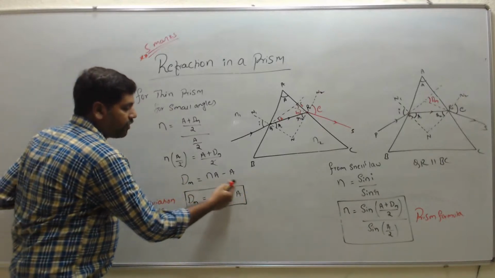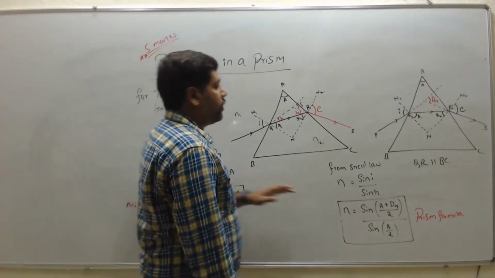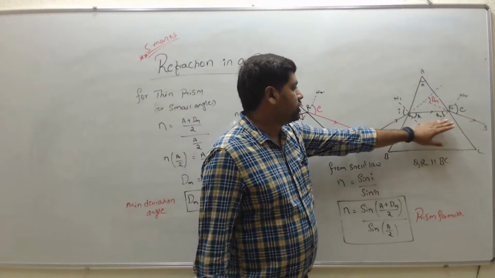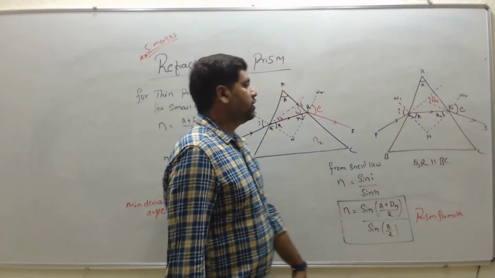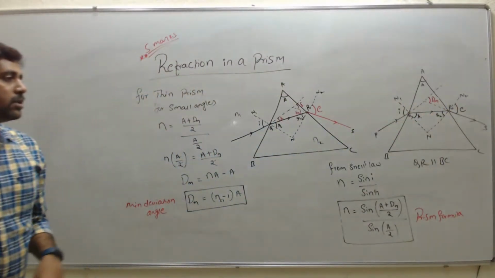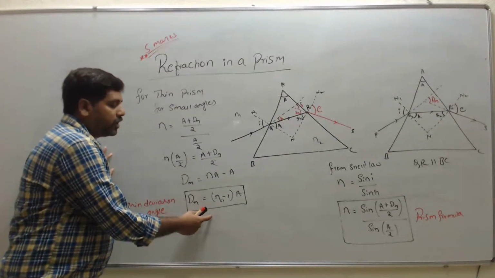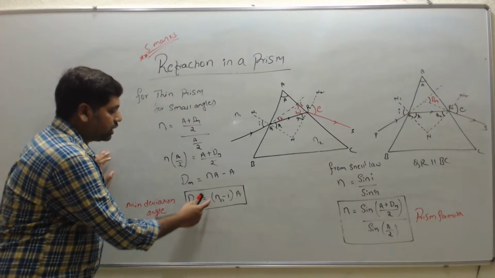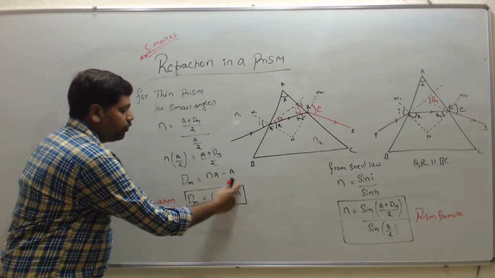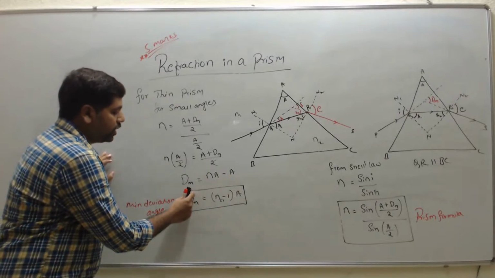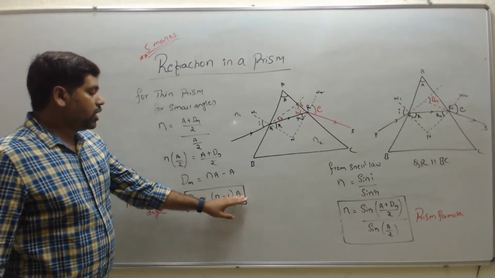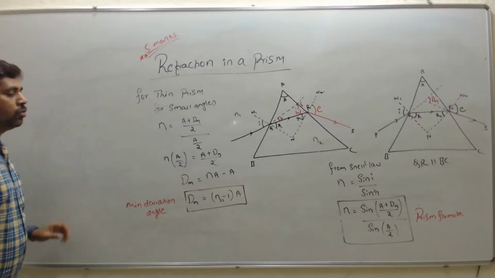This case is valid when the refracted ray inside the prism is parallel to the base of the prism, that is, angle of incidence is equal to angle of emergence, and angle of refraction R1 is equal to R2. Only in that case we get the minimum deviation, and for a thin prism Dm is equal to (n minus 1) into A.